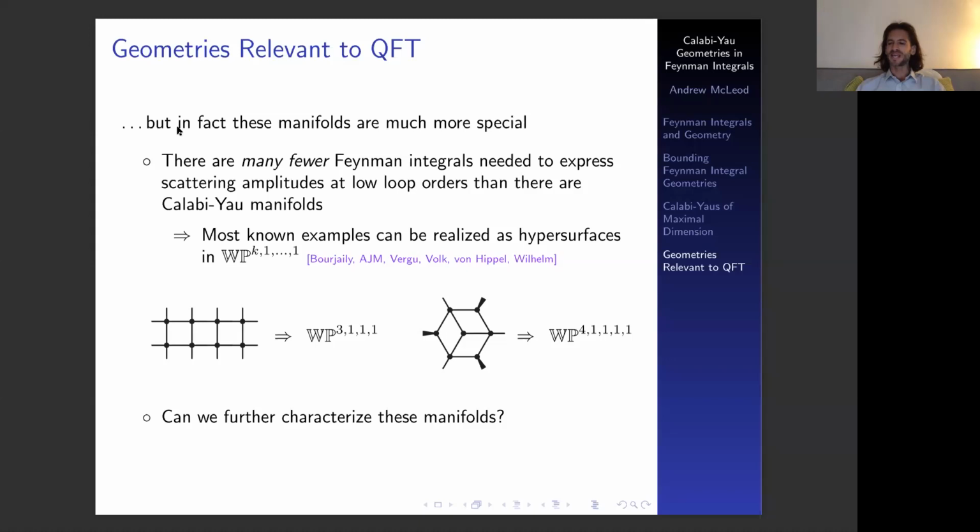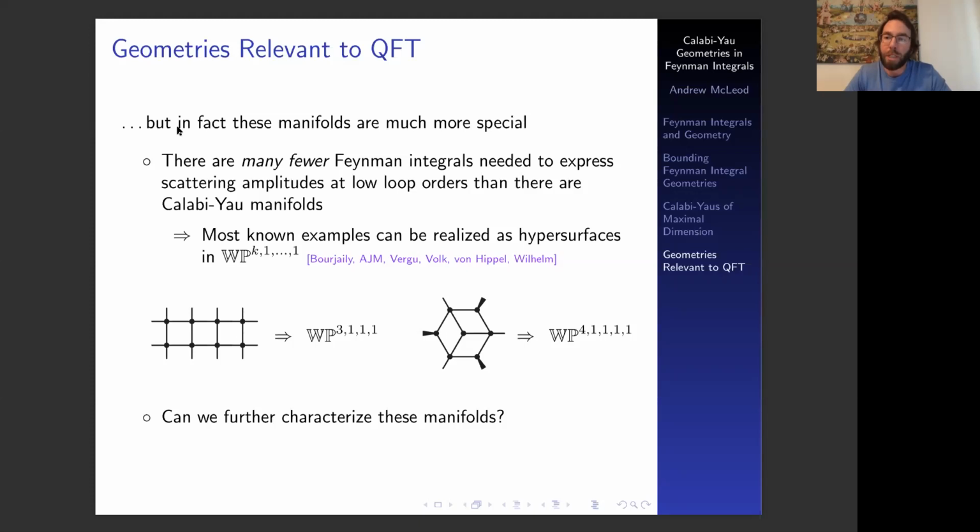Okay, so for the time being, it doesn't seem that there are any particular patterns, for instance in some topological numbers of them. To your knowledge, they don't carve out a particular subspace. Right, so most of the examples we know about, as I say here, can be realized as hypersurfaces in this type of weighted projective space, which is a non-trivial statement.